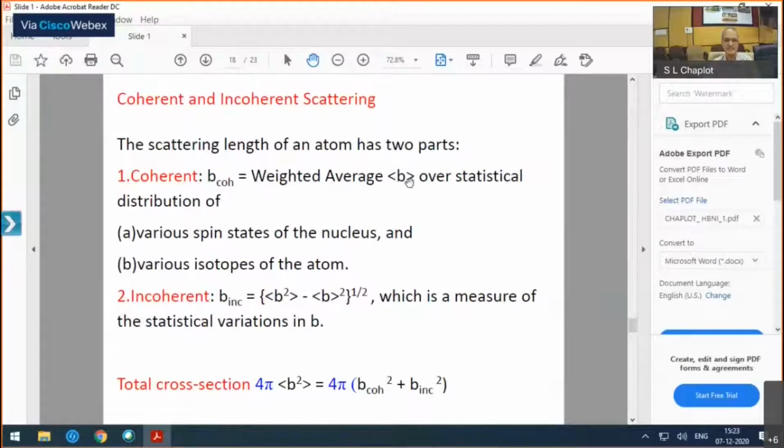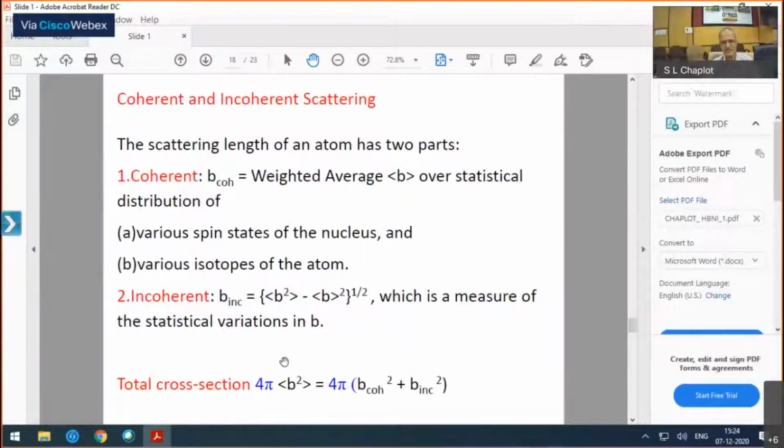If I take the average over all this, then this is called the coherent scattering length. And if I look at the variations in these values, which is a measure of the statistical variation in the scattering length, it is called the incoherent scattering length.